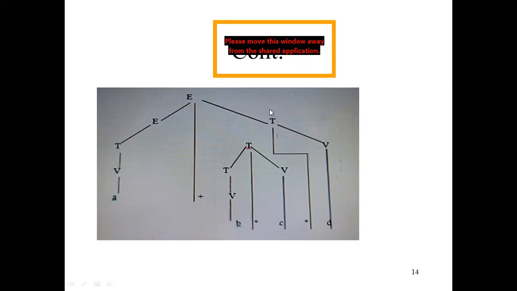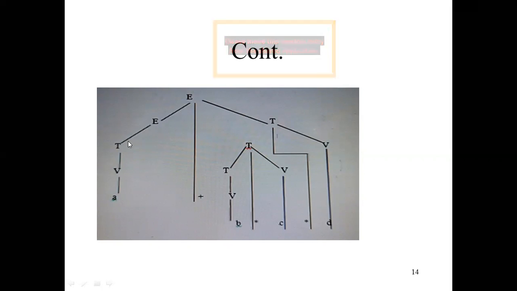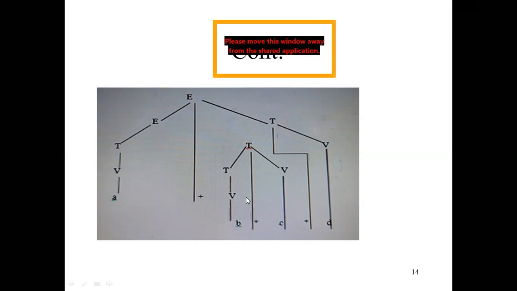E plus T. We are taking option E, operator symbol plus and then T. Again we are dividing this E by T and T by V, and we have the option A. So this is for the input string. This syntax tree is for the input string. We must get the syntax tree for the input string like this.